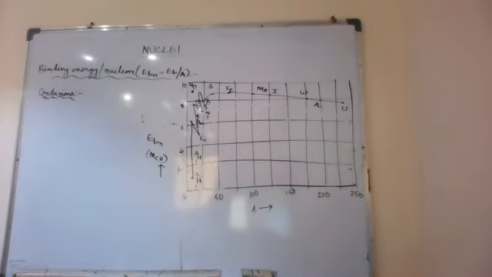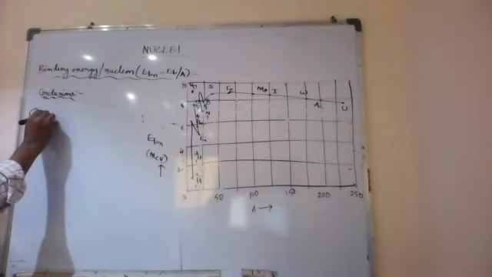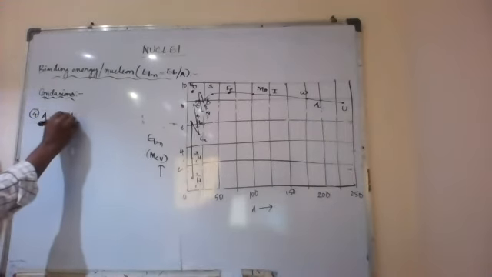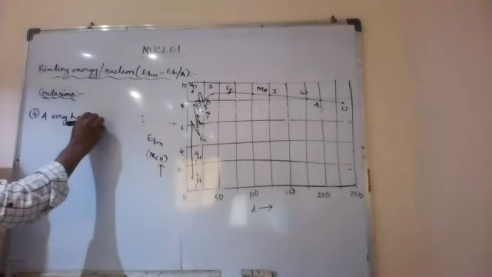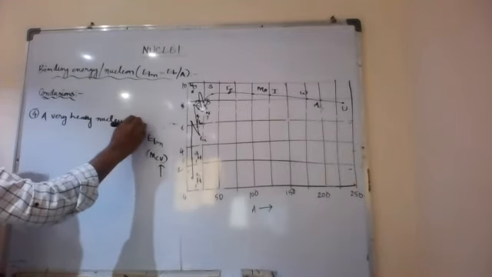Now, the next point, the fourth one, is a very heavy nucleus. What is that? A is equal to 240.